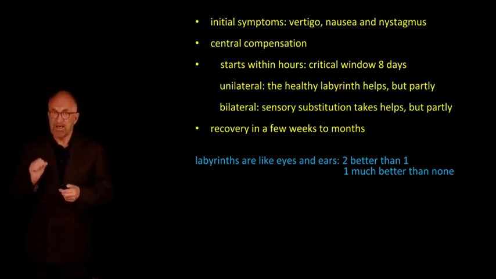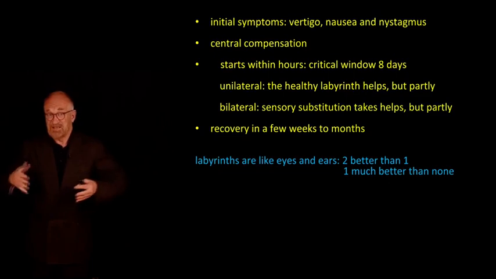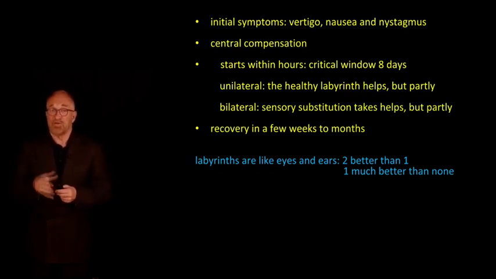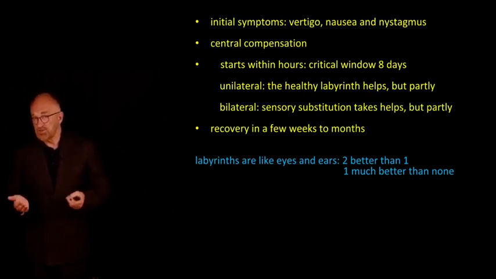In case of a unilateral loss, there is of course a reduction of sensitivity for motion, but the healthy labyrinth still helps to maintain as much functionality as possible. But that will be partly. Two labyrinths are of course better than one. A bilateral loss is a severe problem, and then we are really dependent on sensory substitution from vision and somatosenses, for example.